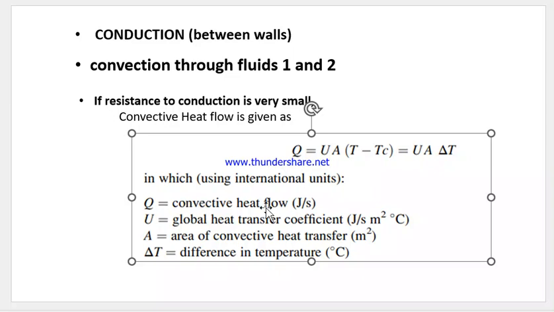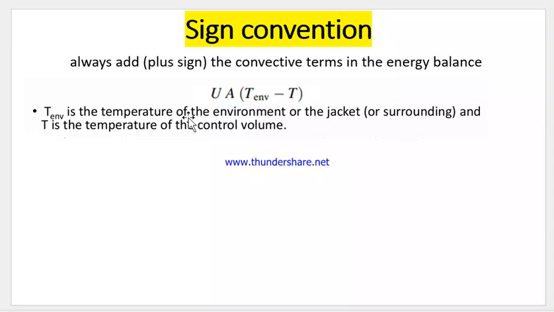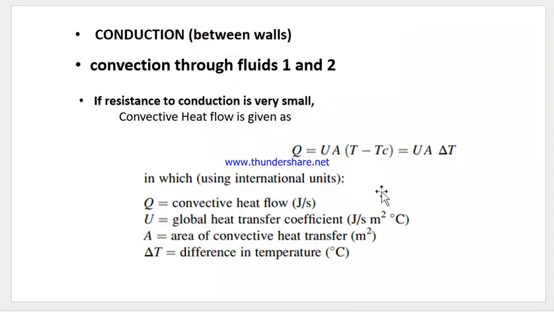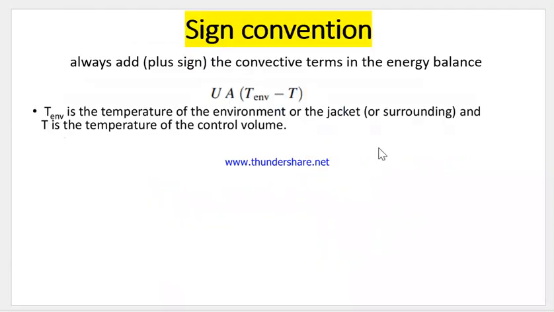Here Q is the convective heat flow, U is the global heat transfer coefficient, A is the area of convective heat transfer on the surface of the reactor, and delta T is the temperature difference between the fluid inside and the fluid outside. There's a convention to that. We try to put it in a more definite form, in which case instead of UA(T minus Tc), where Tc is the temperature of the environment, we simply say UA(T environment minus T). As a result, we always put the sign of the heat transfer as positive instead of negative.